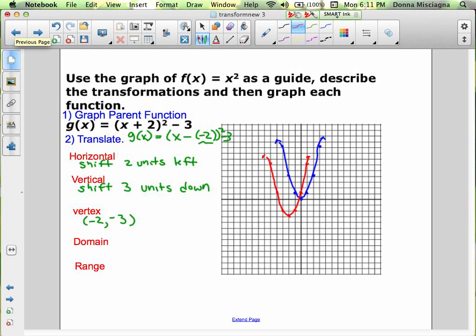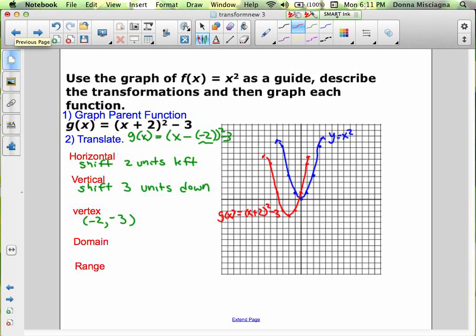All right, so the blue graph is y equals x squared. The red graph is y equals, oh, actually, I'll write down g of x, because it's labeled in function notation. G of x equals x plus 2 squared minus 3.